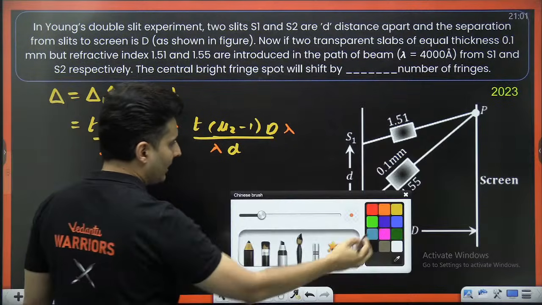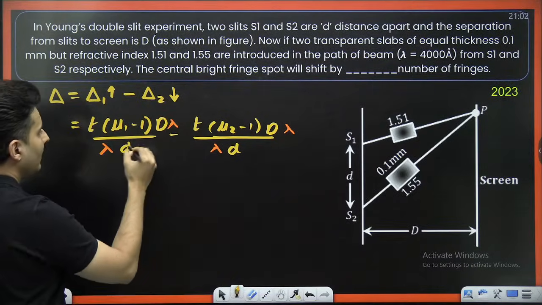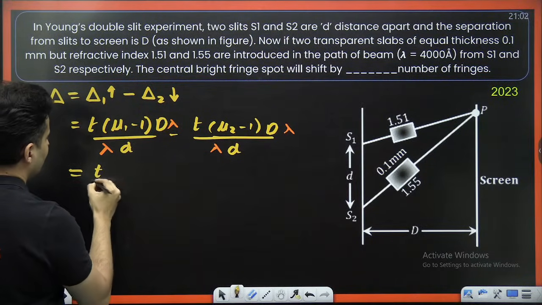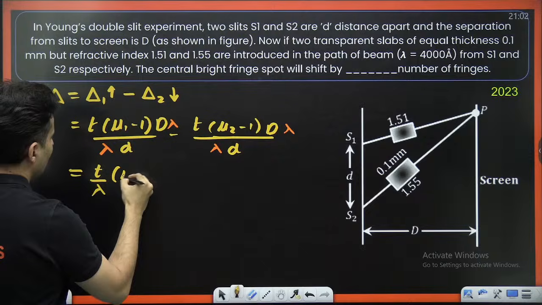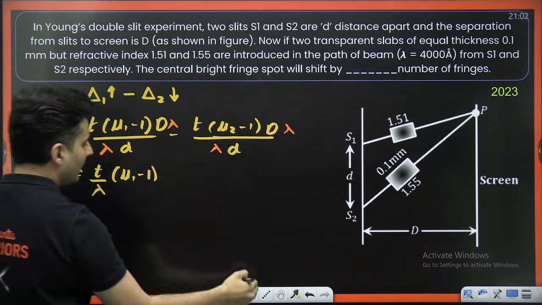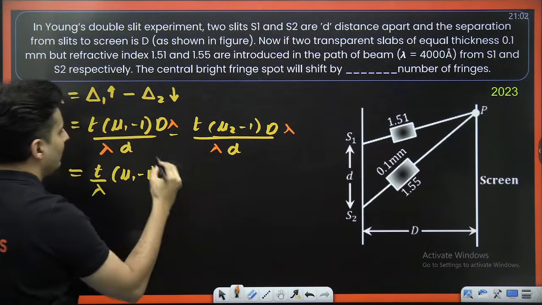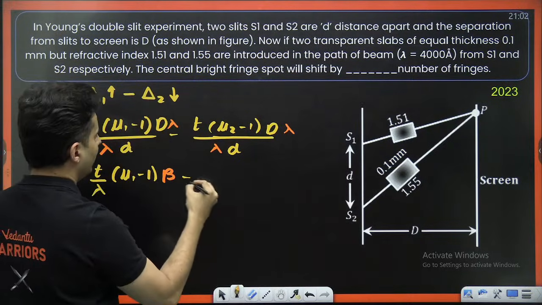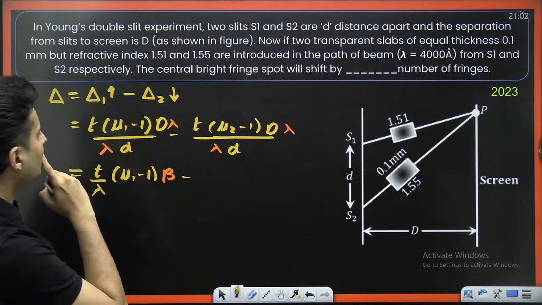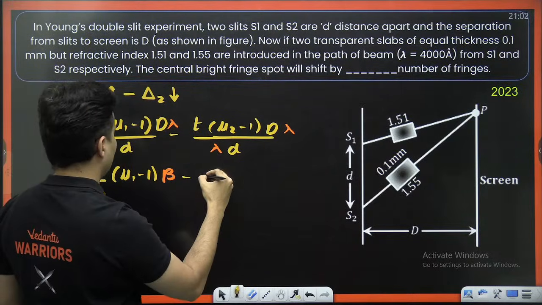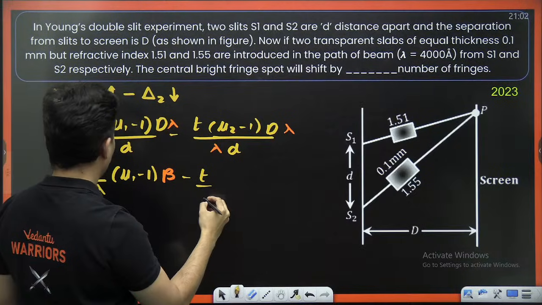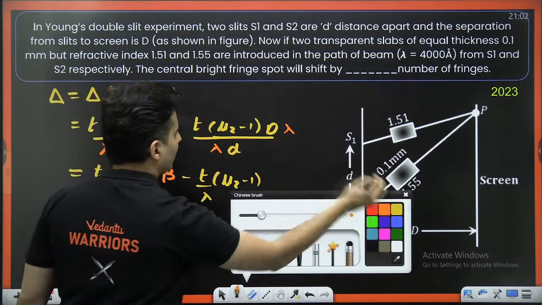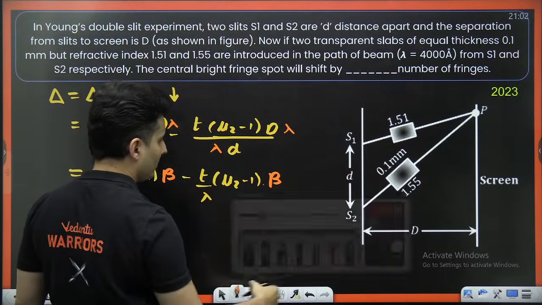You will see why. This lambda D by d will become the fringe width beta. So it becomes T by lambda, mu 1 minus 1, beta, minus T by lambda, mu 2 minus 1, and again lambda D by d becomes the fringe width.